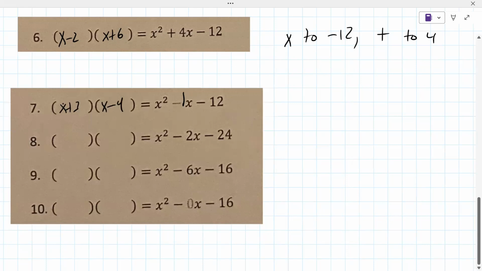Do an 8. For 8, it would be x plus 4 and x minus 6. And the order doesn't matter. Like if you said x minus 6, x plus 4, that would be okay as well. I'm just doing it in order, I guess, just to keep my facts straight. However you're doing it, it's fine. Keep going.